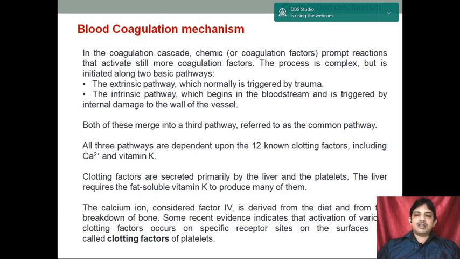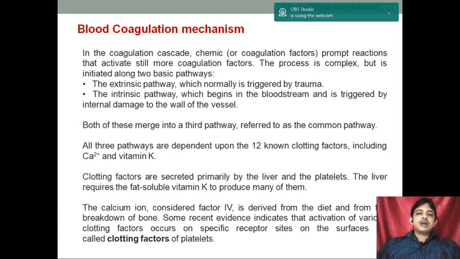You can find in the notes which were provided what the different clotting factors are, their names, and all the details. Clotting factors are secreted primarily by the liver and the platelets, and the liver requires fat-soluble vitamin K to produce many of those clotting factors.